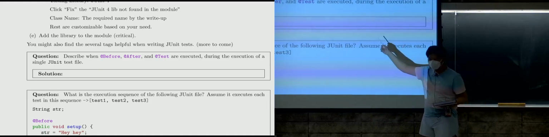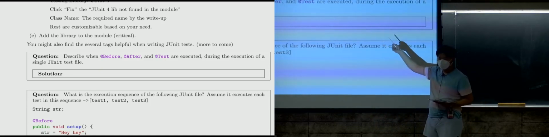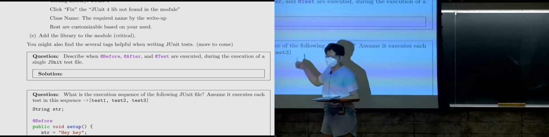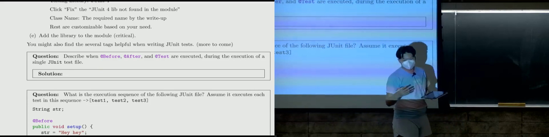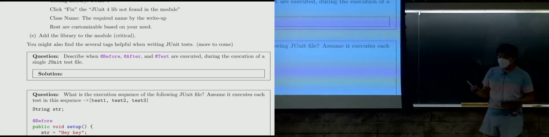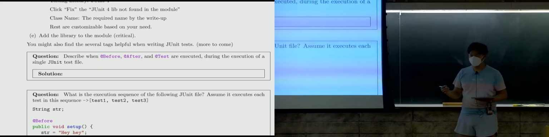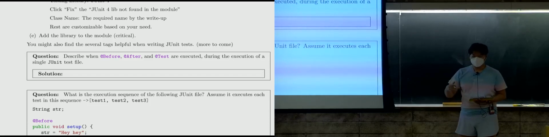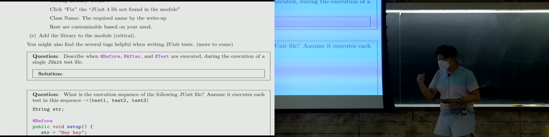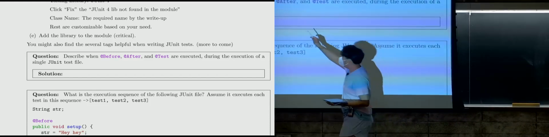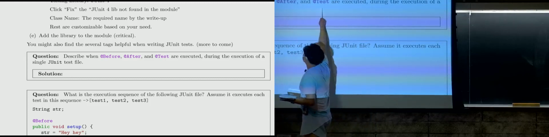What about test? So before is what you would likely use to set up your test. Sometimes it's useful to initialize some instance variables that you are going to use throughout the Java file. And before is run every single time within the test.